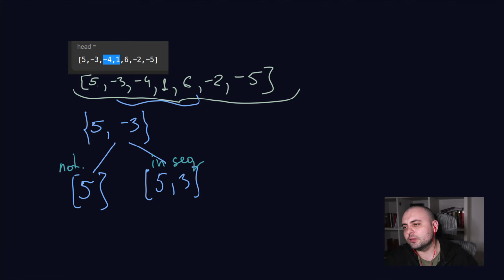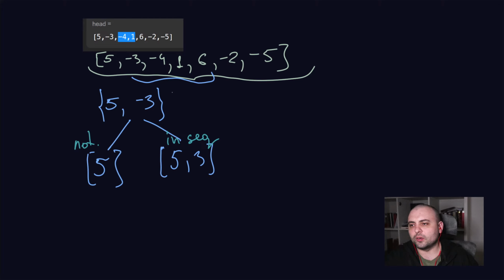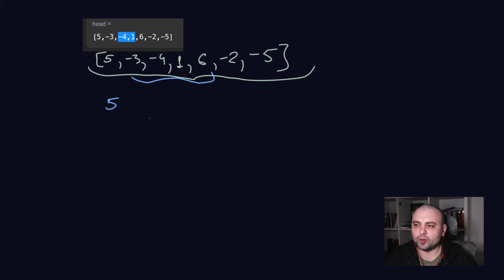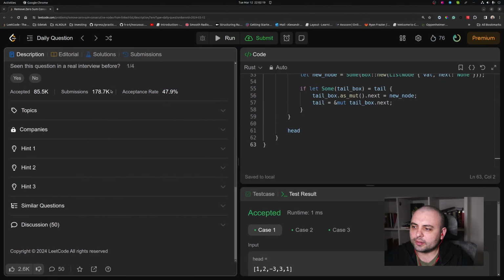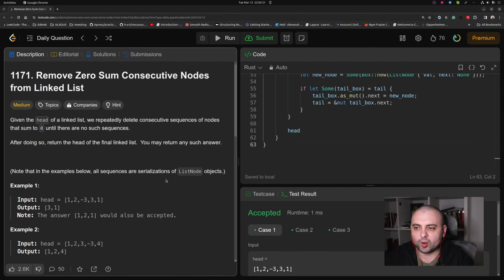Maybe we can do a lookup. So with this approach of checking if it is part or not part of a sequence, how can we do that? How can we check? So for example, how can I tell that 5... Yeah, let me read again the definition of the problem.